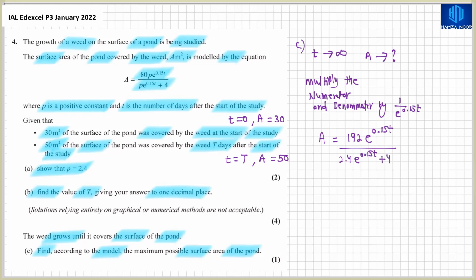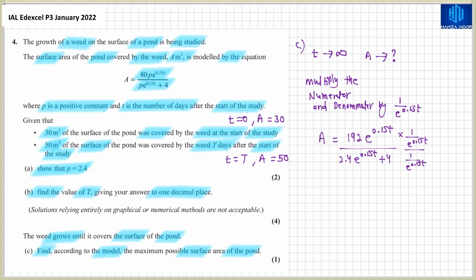So the step is to multiply 1 over e raised to the power 0.15t with the numerator and the denominator as well. Because if you don't perform this step, you would not be able to tell to which value the area is approaching, as we have seen earlier. Infinity over infinity is not possible, 0 over 0 is not possible, and minus infinity over minus infinity is also not possible.